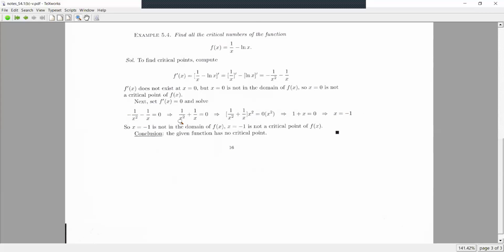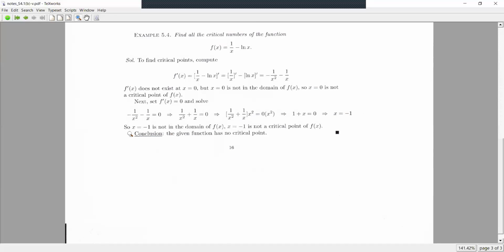To eliminate the denominators, I multiply the left-hand side by x squared. Multiply the right-hand side by x squared. Then distribution. Left-hand side is 1 plus x. Right-hand side is 0 times x squared, which is 0. So I get 1 solution, -1. So when x is -1, derivative is 0. So this is a candidate critical point.